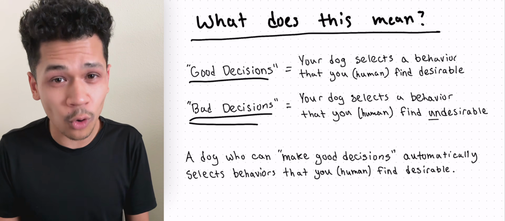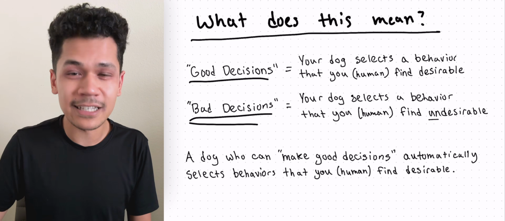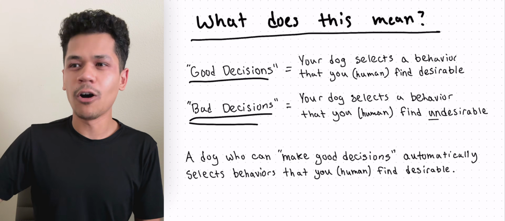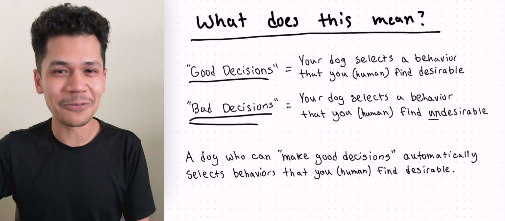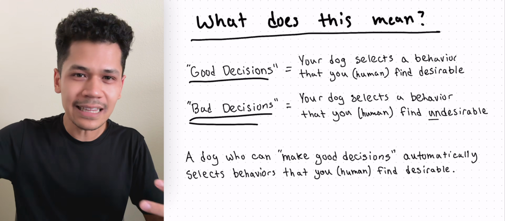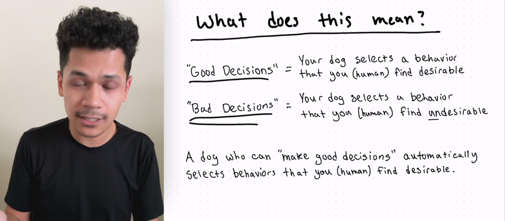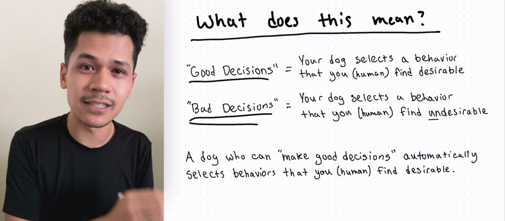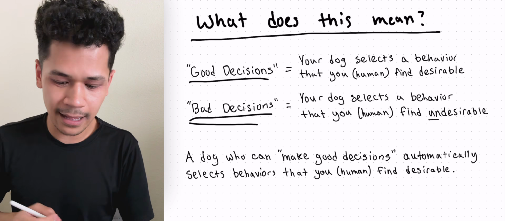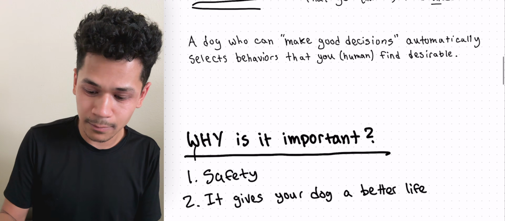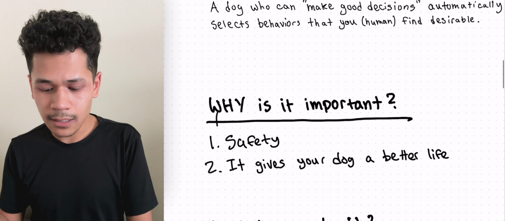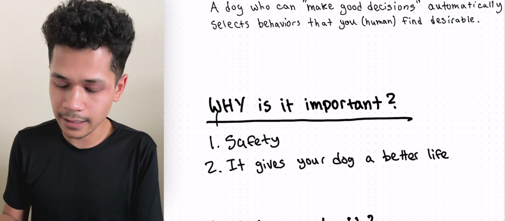You're going to enjoy taking them out. You're going to want to take them out more frequently. You're going to want to bring them along with you. You're going to say, oh, we're going on that hike, let's bring the dog, right? And they start living a completely different life because you, as a human, can trust them to make good decisions, right? And overall, if your dog can make good decisions, they are going to live a better life. So that's the second reason why this is important.